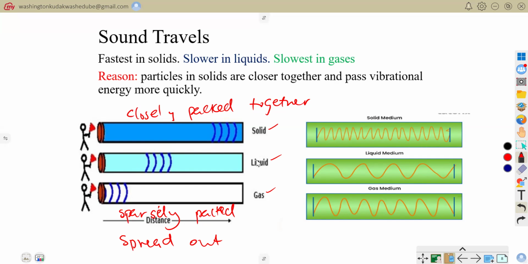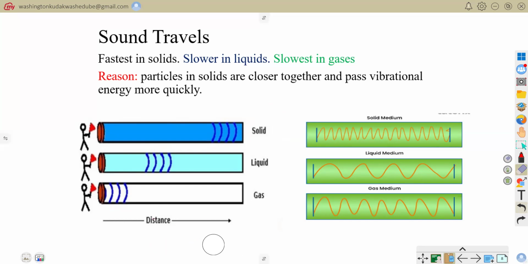So these are pictures that show you how our sound travels in different mediums. I just took these pictures from the internet. I wanted them to save us in giving us an image of how our sound actually travels in different mediums.